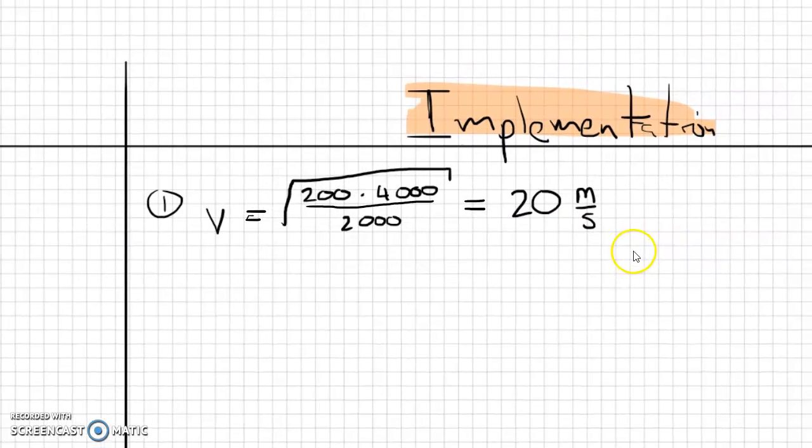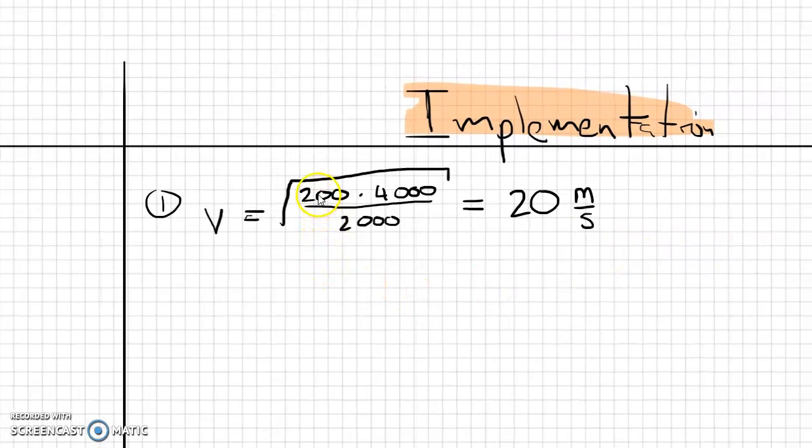Conveniently enough for us, we end up with a 400 inside the square root symbol, and of course that's a perfect square. Turns out that the speed we end up calculating is 20 meters per second. And so that is the maximum speed that our car can go around without slipping.